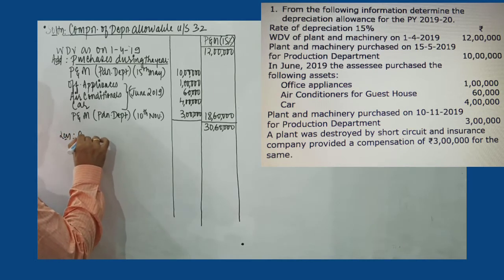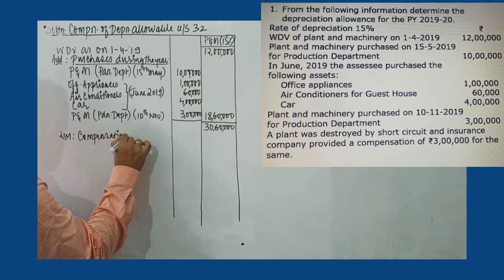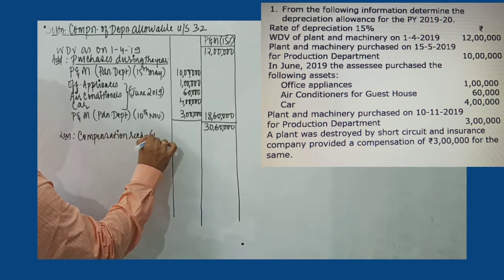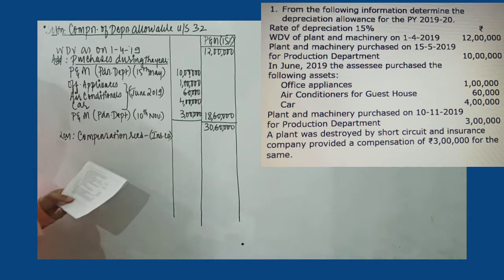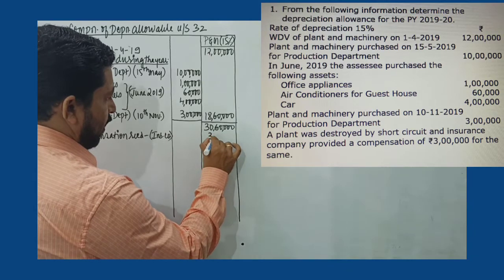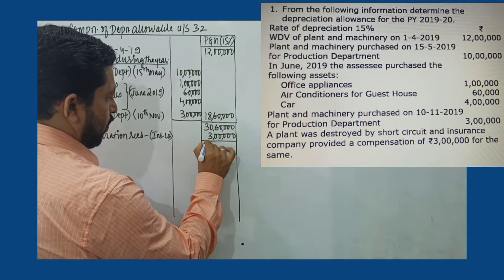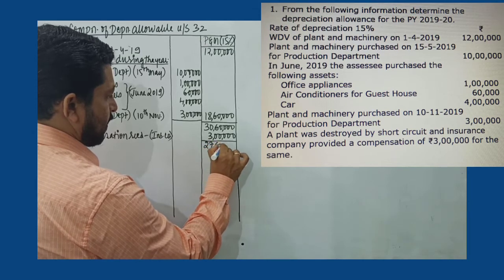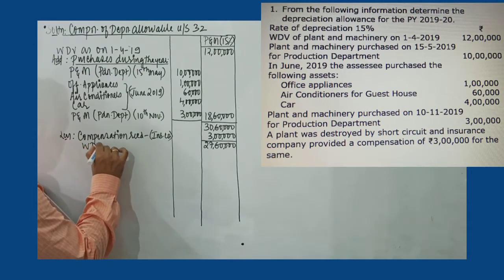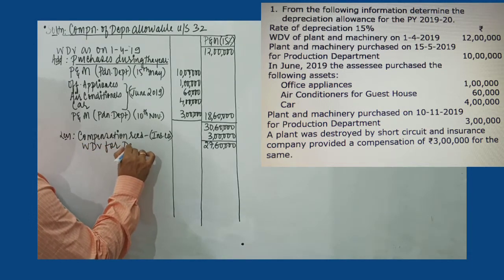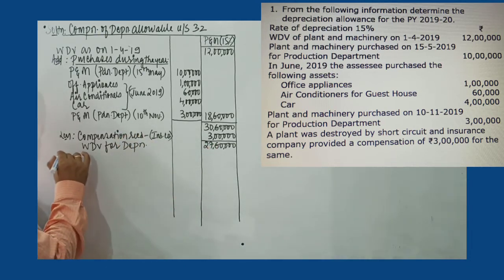So you can write less compensation received, 3 lakh. So total value would be 27 lakh 60,000. This will be the written down value for depreciation. So depreciation will be calculated on this particular value, 27 lakh 60,000.